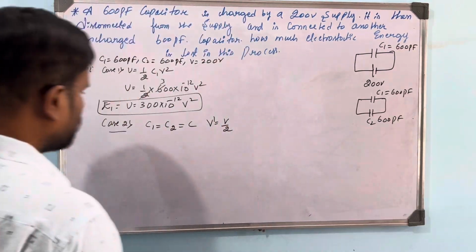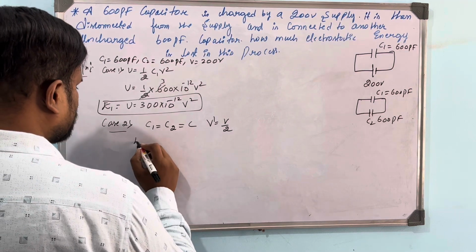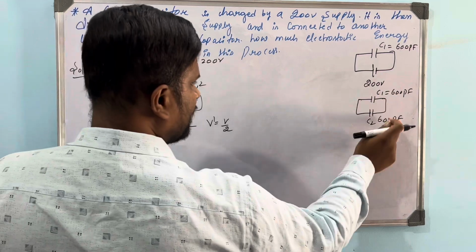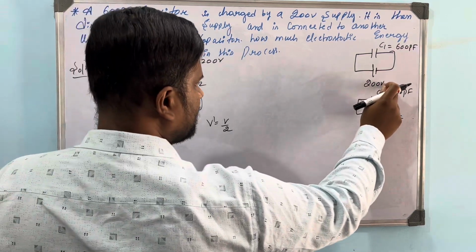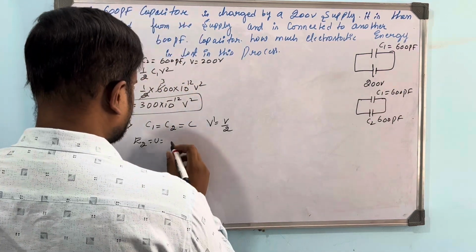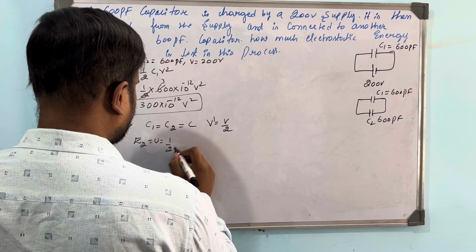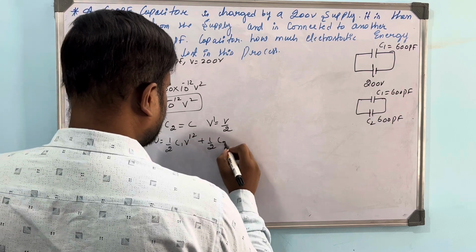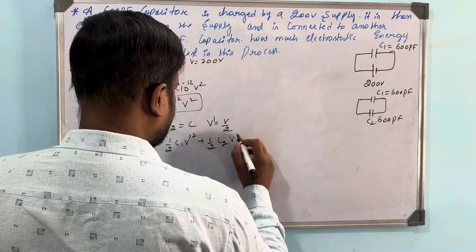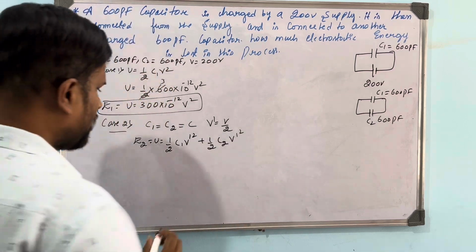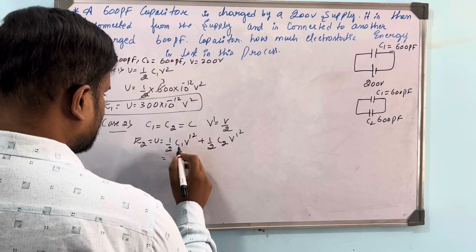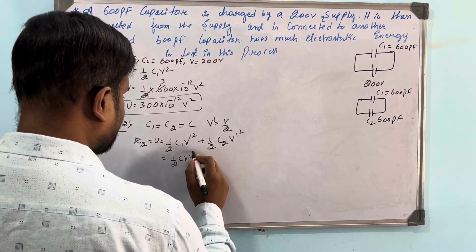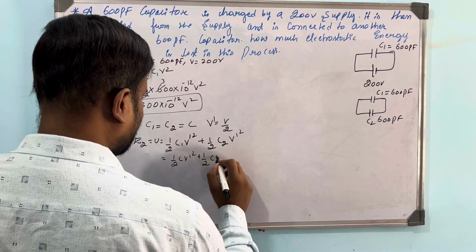Now again we need to calculate E2 or U. Here we get two energies, one due to C1 and another due to C2. That is half C1 V dash square plus half C2 V dash square. Since C1 and C2 are equal to C, it becomes half C V dash square plus half C V dash square.